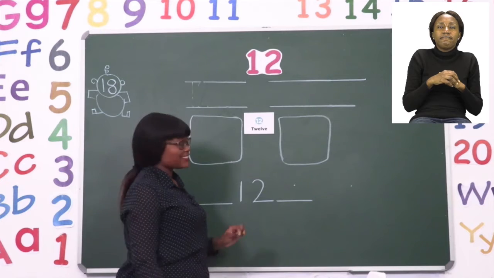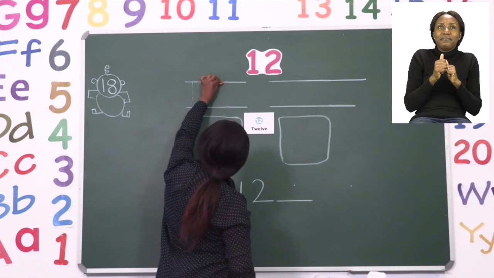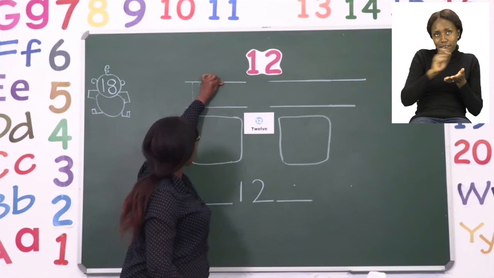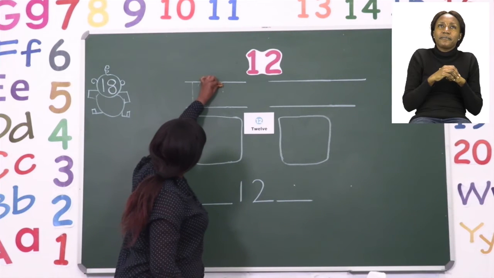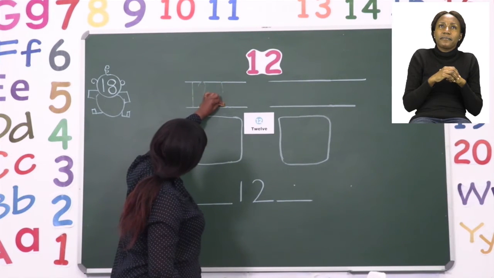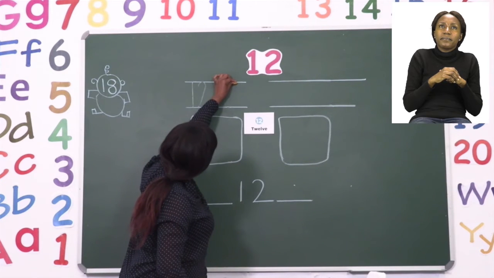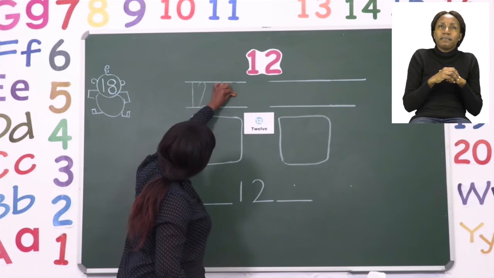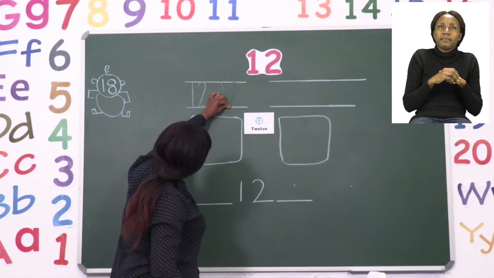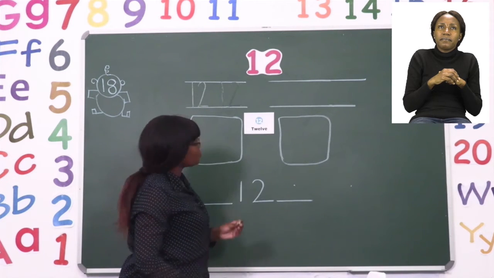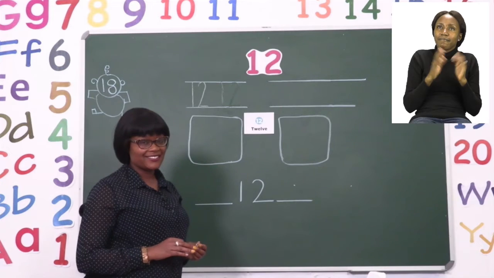Well done, everyone. Now I'm going to write another one. Remember, we go down for the number 1. Make sure that your line is straight. And then a 2. Take your time, boys and girls, because there's no need to rush, especially when you're tracing. Make sure you catch all your trace dots.